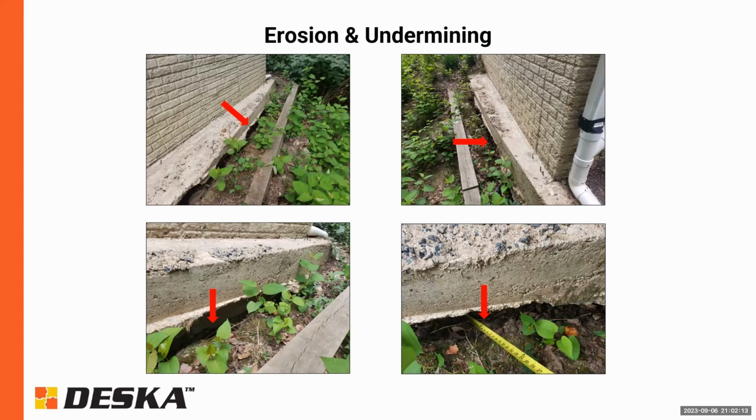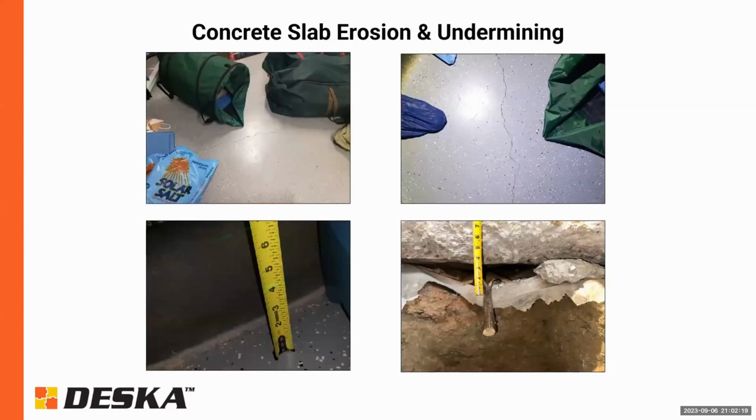So on the same house here, on the other side of this foundation wall, we have a slab, and there's some minor cracking in the slab, and usually that's no big deal. Most slabs are not structural, but occasionally they are.